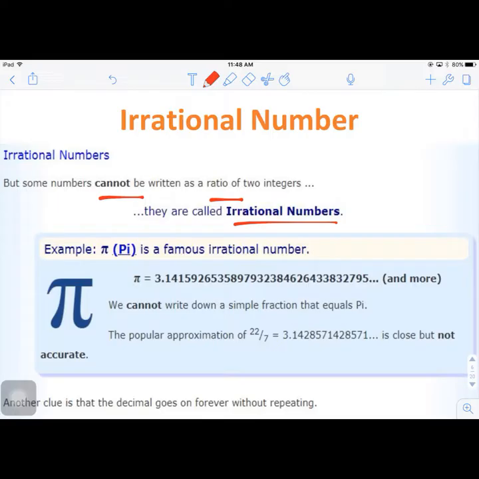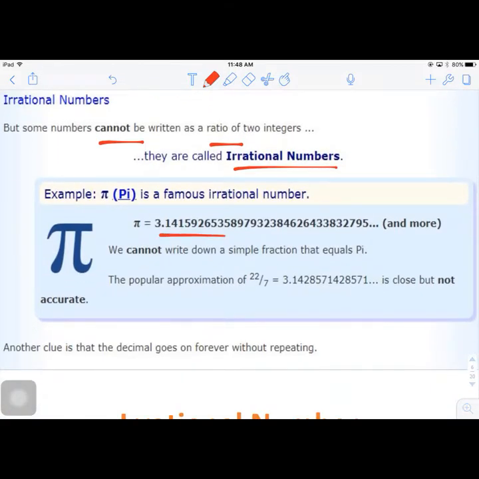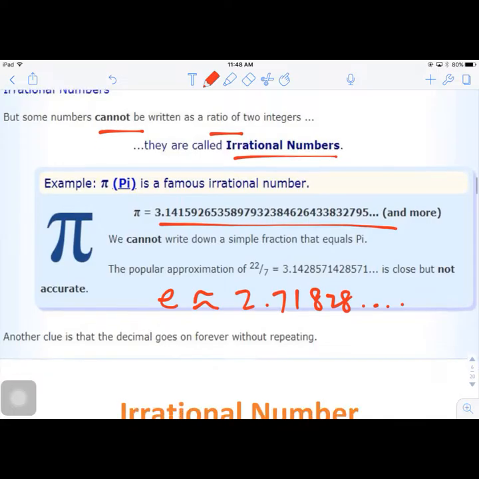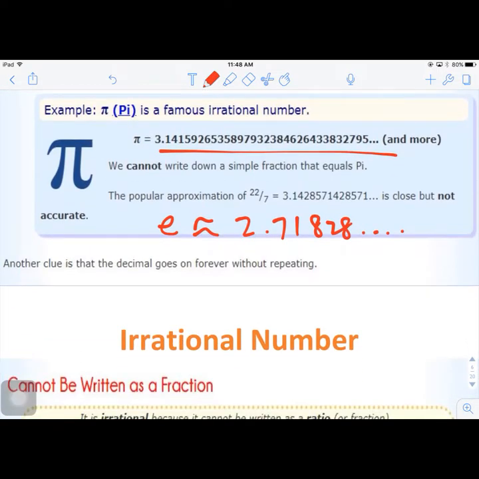For example, pi is a number that is never ending, and therefore we cannot consider that rational, so it is irrational. Another one would be the number e. E is approximately 2.71828, and it continues. It's never ending, so it is also considered an irrational number.